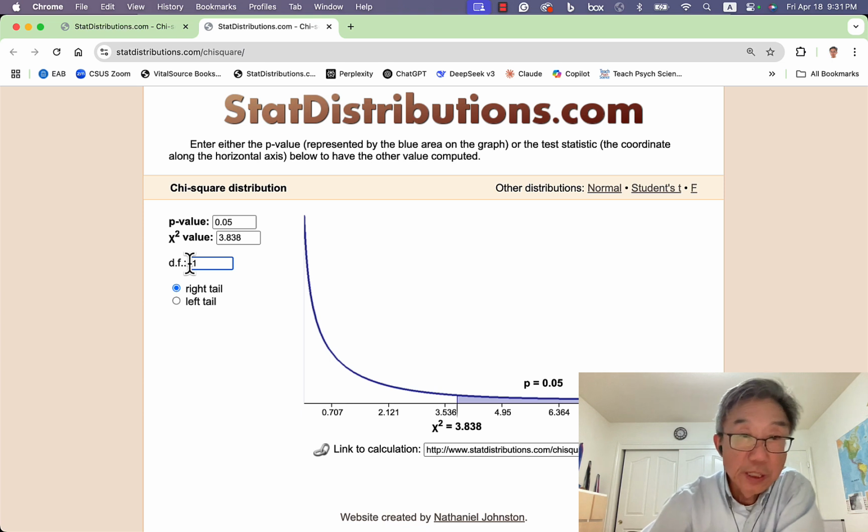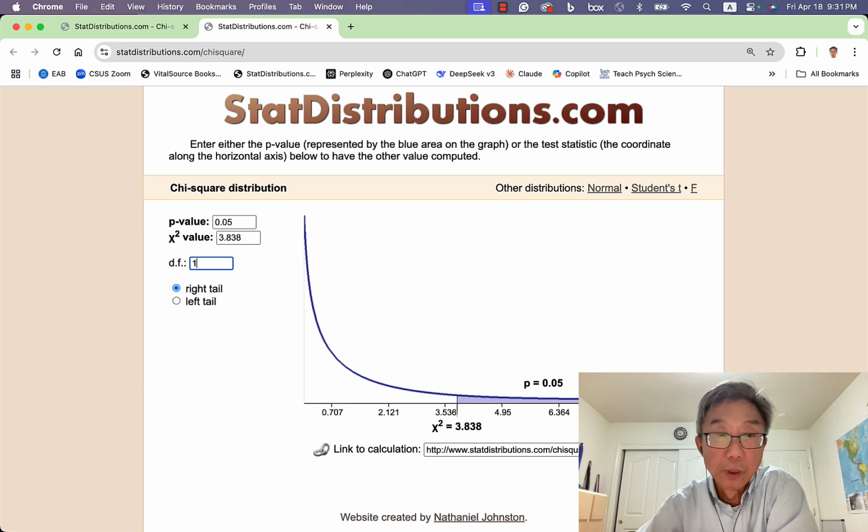So with 1 degree of freedom, this is what the chi-square distribution looks like. And p equals 0.05, so at alpha equals 0.05, the critical value of chi-square equals 3.84. In other words, any chi-square value that's greater than 3.84 is going to be in the region of rejection.